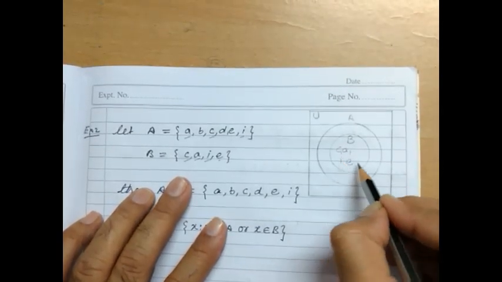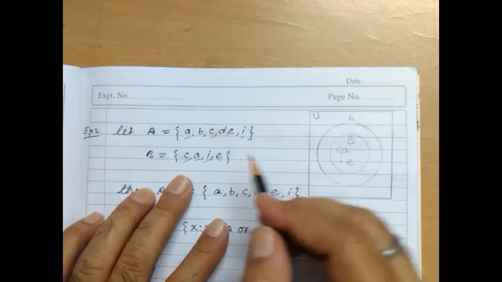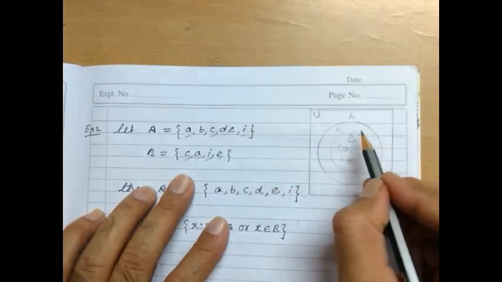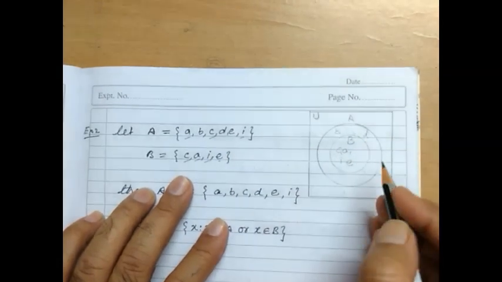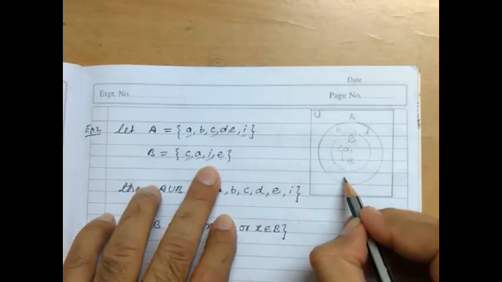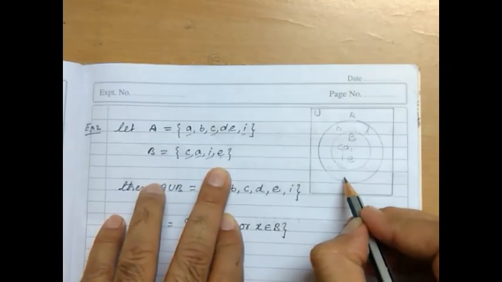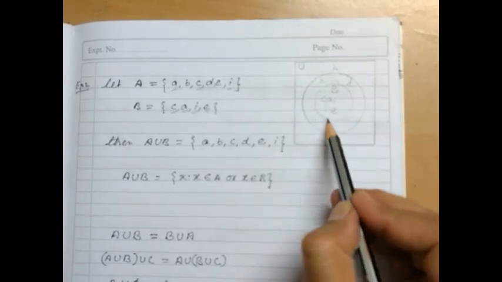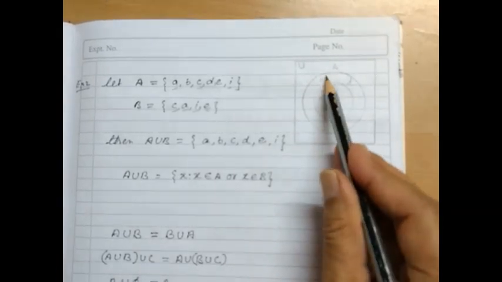So these are all common inside, and what is not common? That is B and D, which will be written outside, in the part which is in A but not in B. Now you see carefully that B is a subset of A. How?